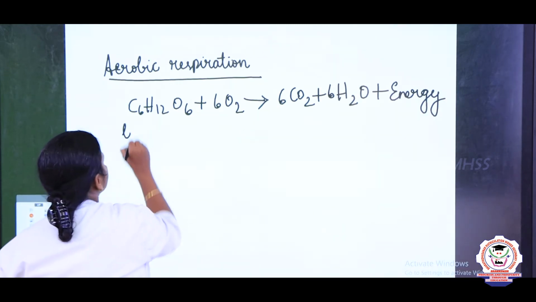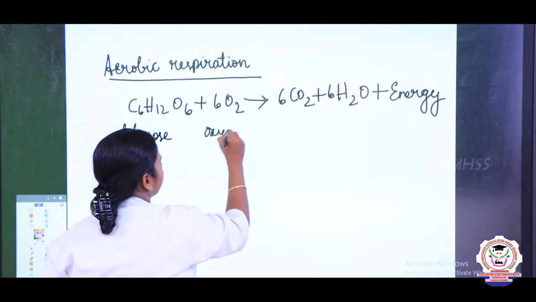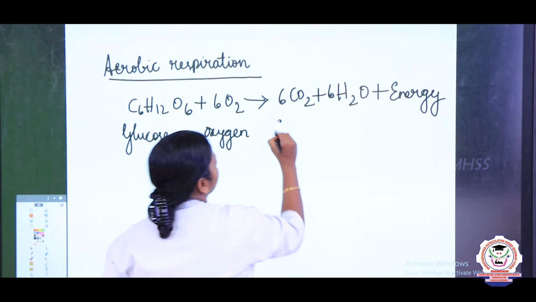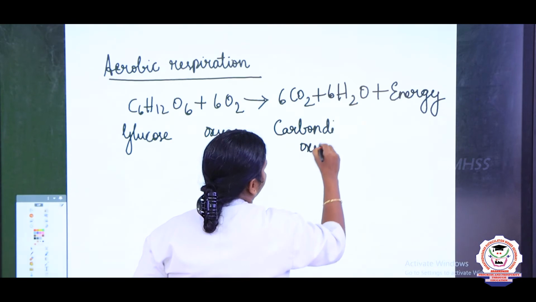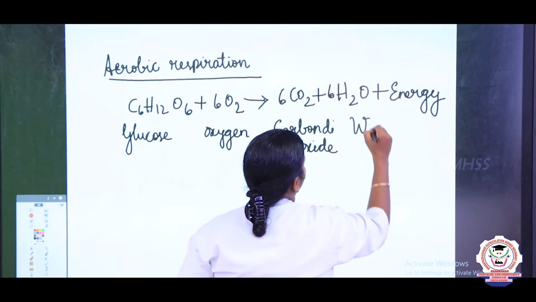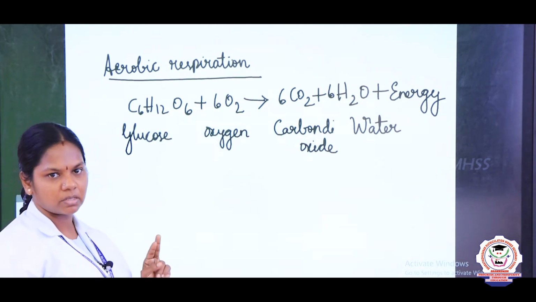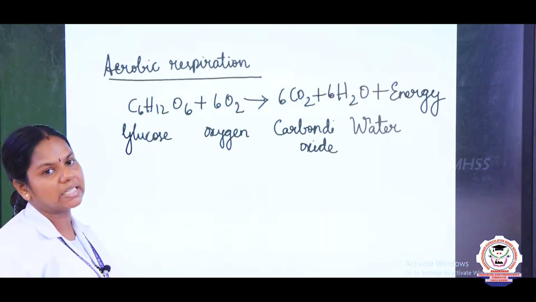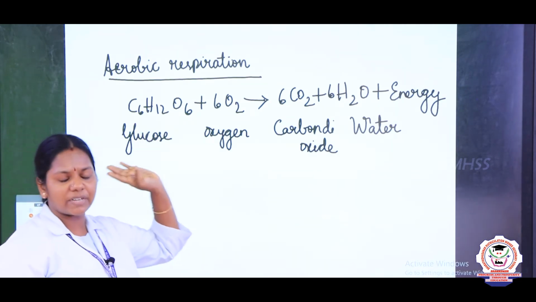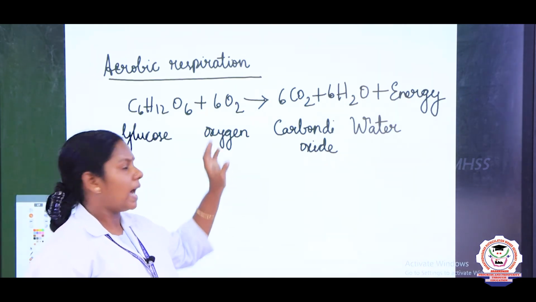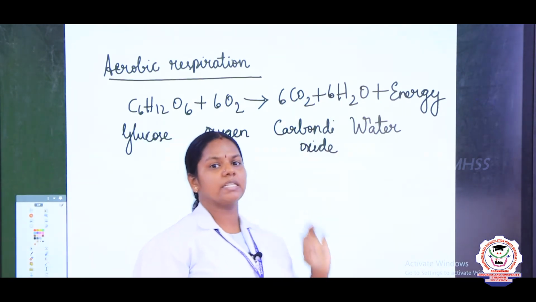So glucose, in the presence of oxygen, gets broken down into carbon dioxide, water and energy, right? And it involves two steps: one is glycolysis and another one is the Krebs cycle. By the process of glycolysis, glucose is first converted into pyruvic acid, and later the pyruvic acid is converted into carbon dioxide, water and energy, right?